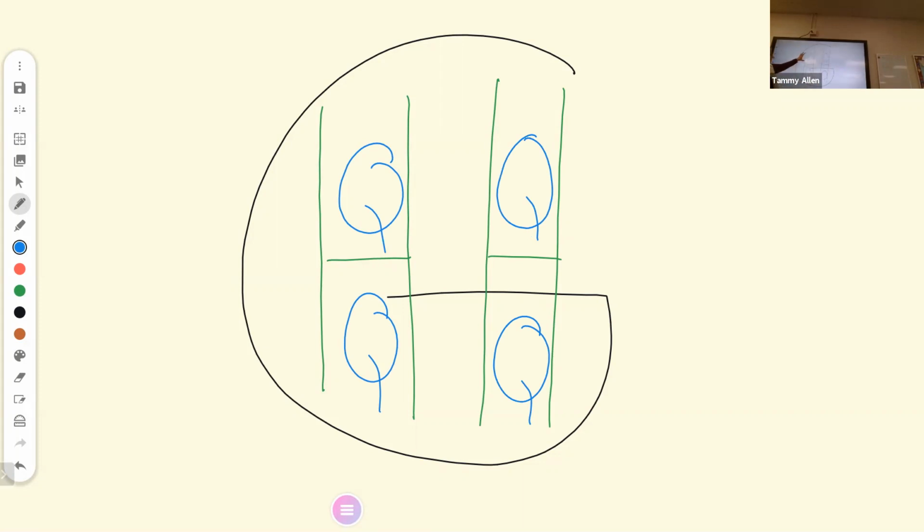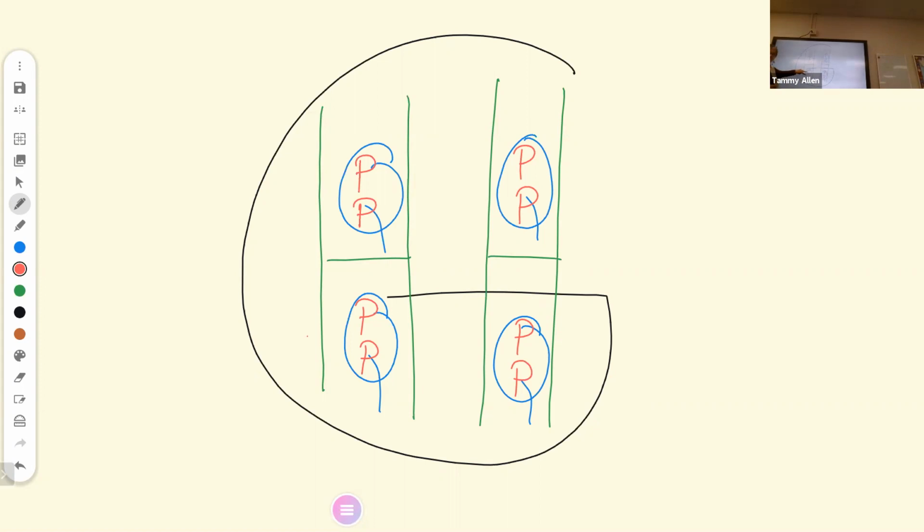How many pints within each quart? Two. So therefore, how many pints within each half gallon?